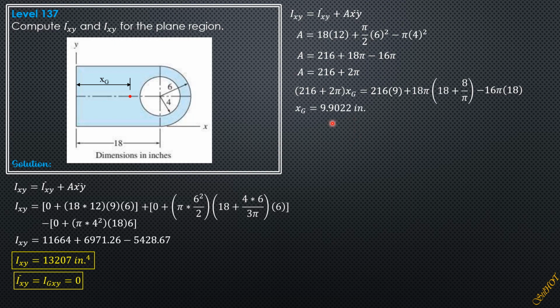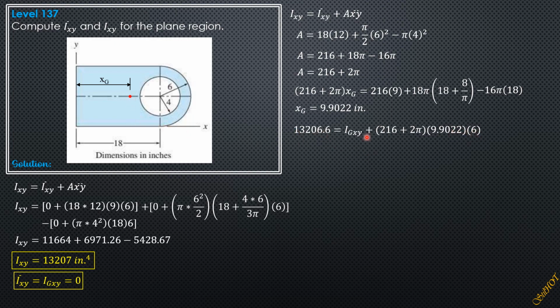9.9022 inches. For yg, there's no need to solve because it is 6, because this is an axis of symmetry. Then Ixy is 13206.6, a more accurate value since this is rounded off, equals the centroidal product of inertia, I bar xy, plus area of the region times the value of x bar and the value of y bar for the region, which is 6.